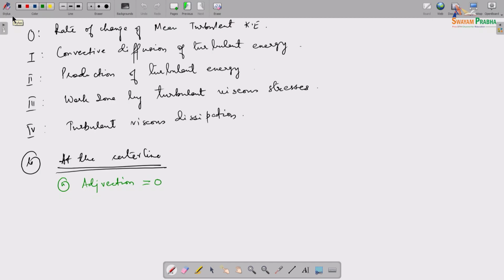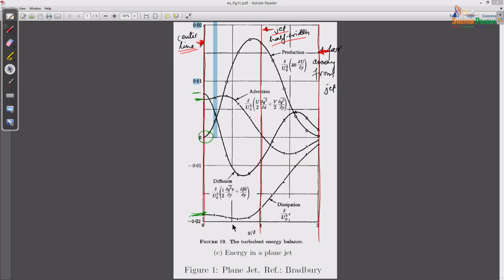Let us write this down first, okay? Advection is 0, and then we have diffusion. Diffusion is negative, right? Sorry, the diffusion is actually positive. And the production, oh, I'm sorry, actually the production is 0, right?